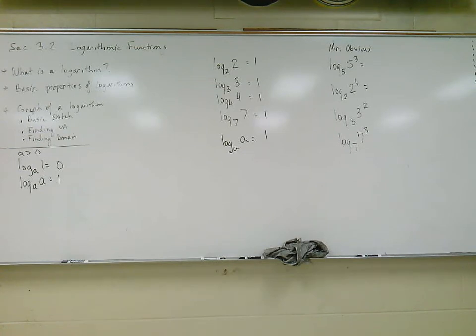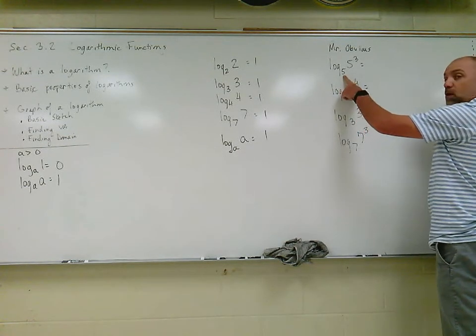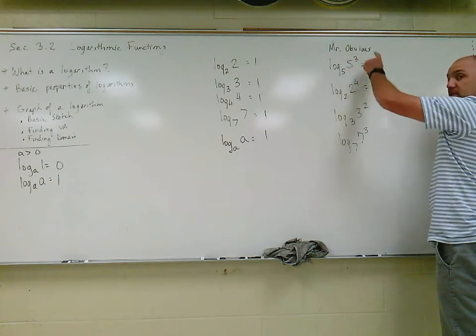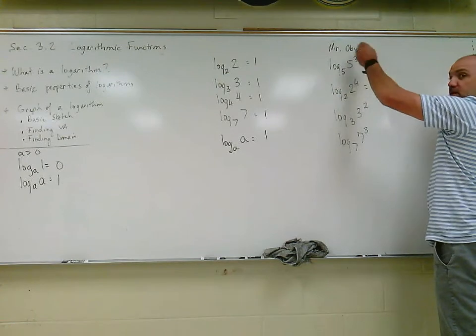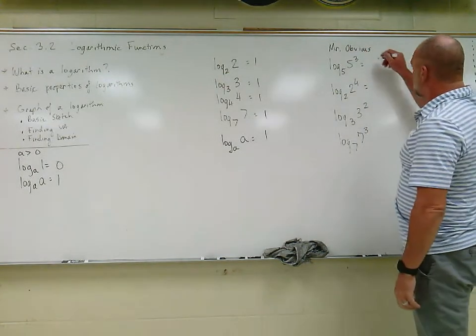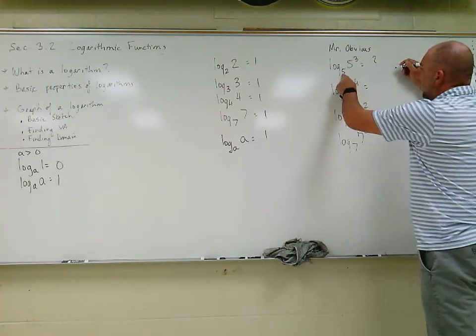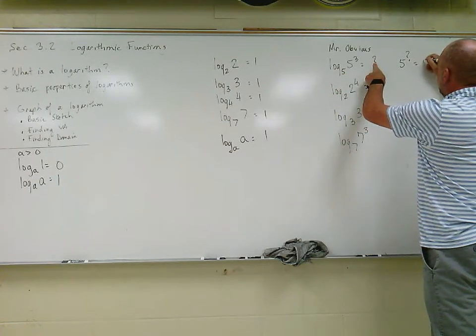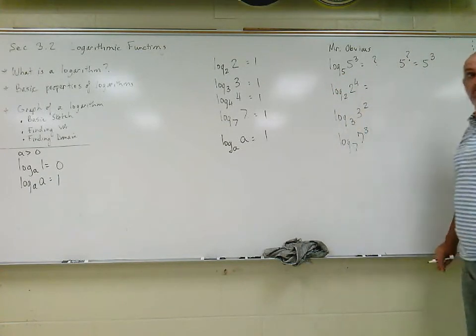Now, there's a lot of numbers going on, right? Let's make sure we're clear on one thing. This 5 is the base. This here is on the inside. All of that's on the inside. So let's make sure we understand the question. This is asking 5 to what power is the inside? And the inside is 5 cubed.